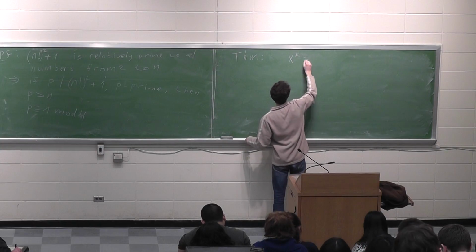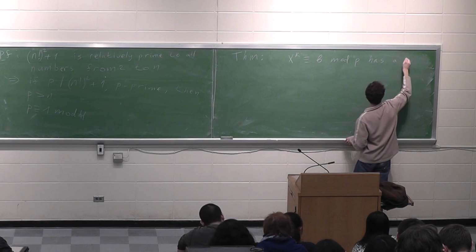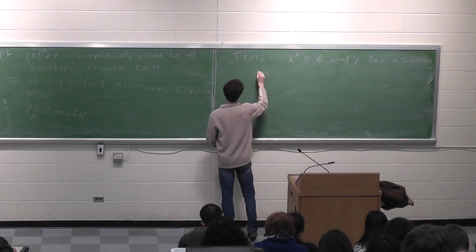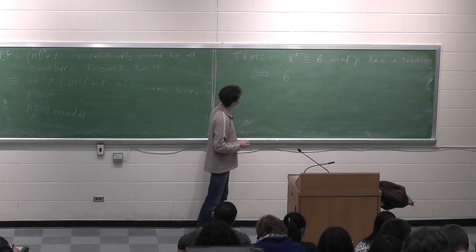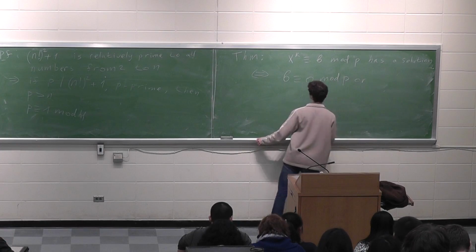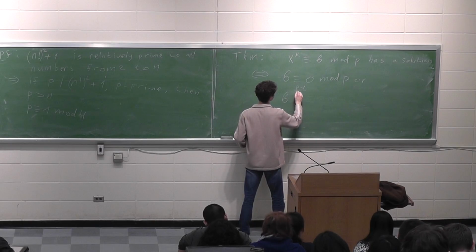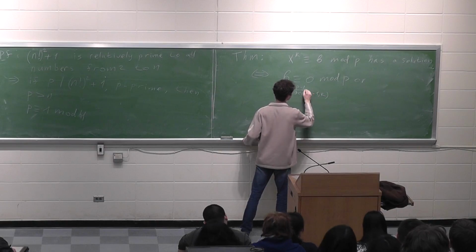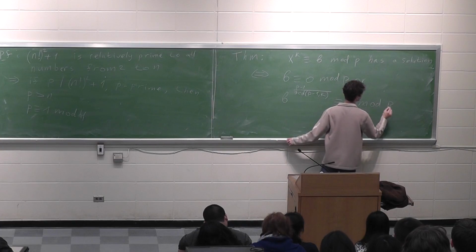X to the power k is congruent to b modulo p has a solution if and only if b is equal to 0 modulo p, or b to the power (p minus 1) divided by gcd of p minus 1 and k is congruent to 1 modulo p.